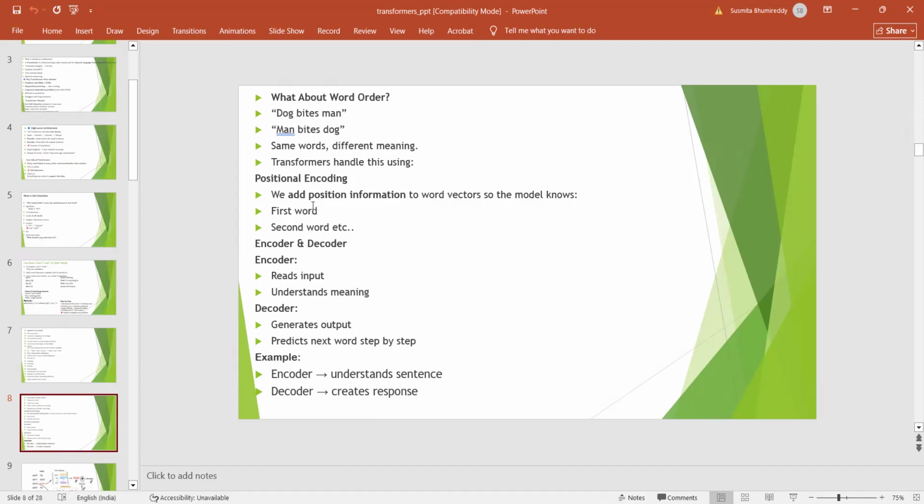Here we add positional information to word vectors, so the model knows first word, second word, and so on. For the first word I can give position 1, position 2, position 3. So giving a position for each word is known as positional encoding.